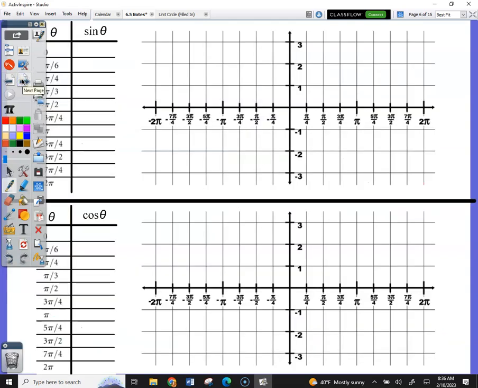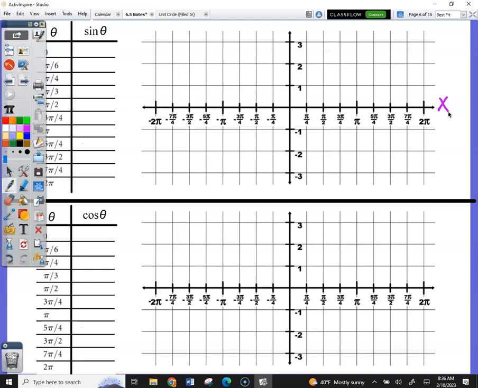So because we are graphing in radians, your x and y axis now is a little different than what you're used to. If you look right here, the y-axis looks the same in terms of just plain numbers, but look at your x-axis. Remember we said on the last slide that we're going to let x be the angle measurement, so that's the degree of rotation, or radian of rotation.